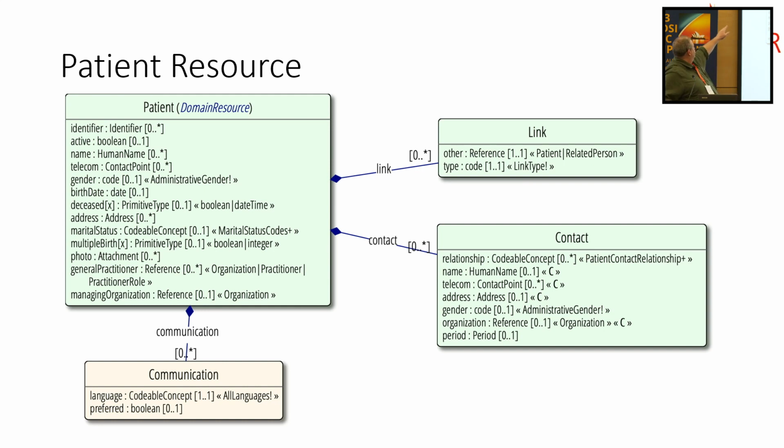Another example, see on the top left there, we have multiple names and multiple addresses and multiple contact details. It's very rare to see a research database, an analytical database, where you have more than one name for a patient. Mostly you don't have a name for a patient because it's de-identified, but not always.